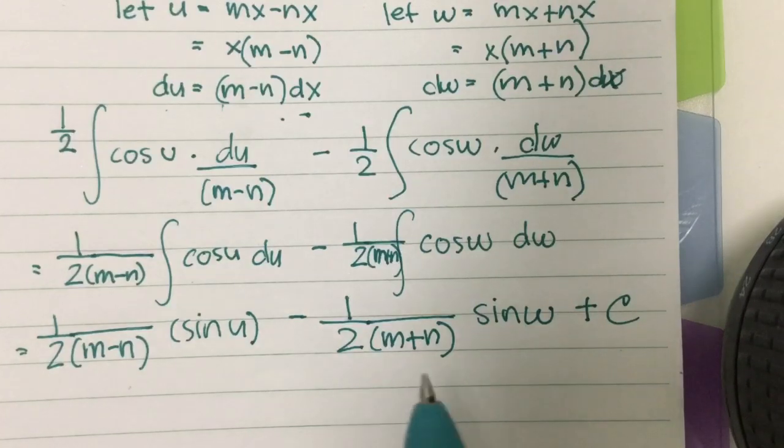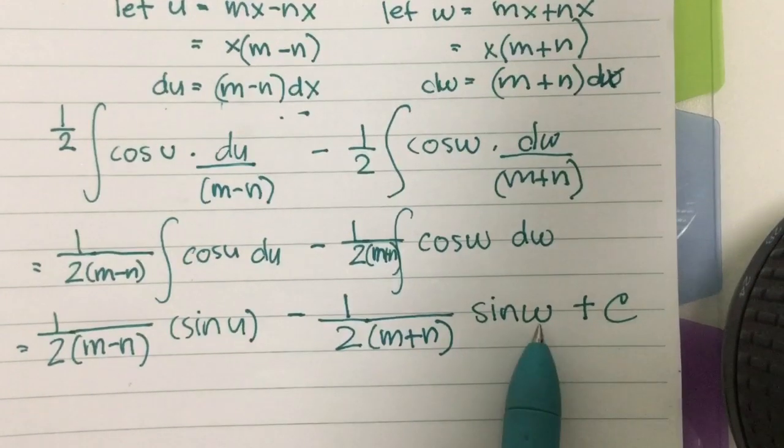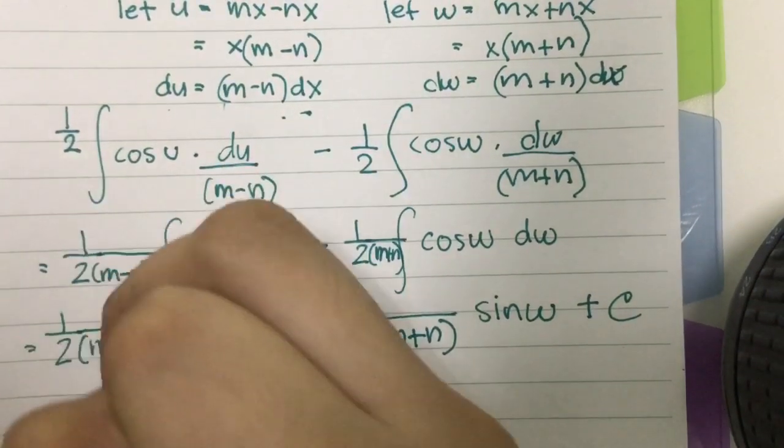Here we're not done yet. We still have to substitute the values of our u and our w.